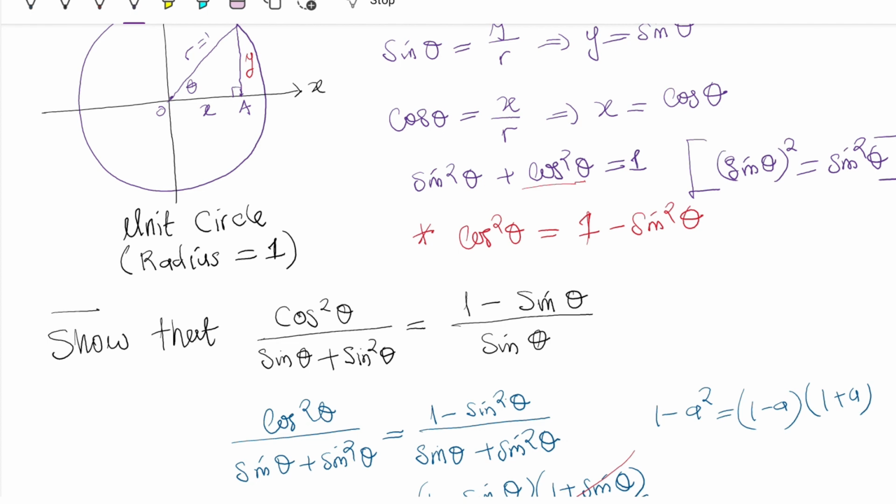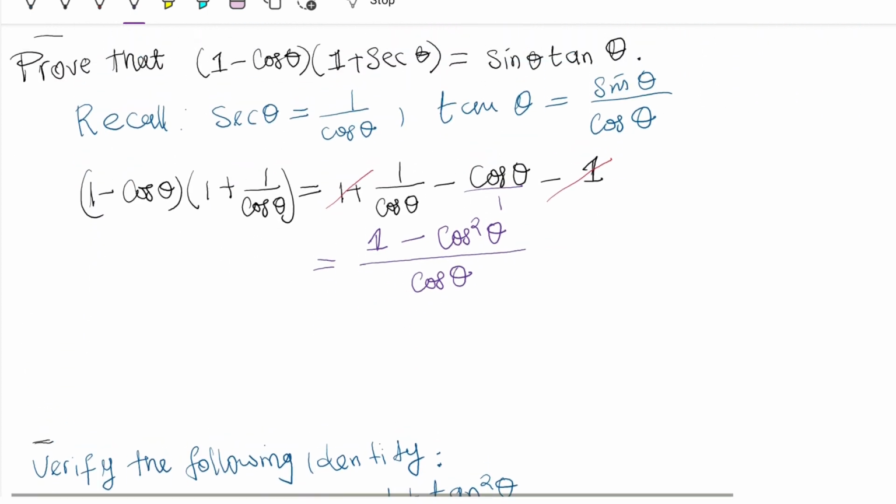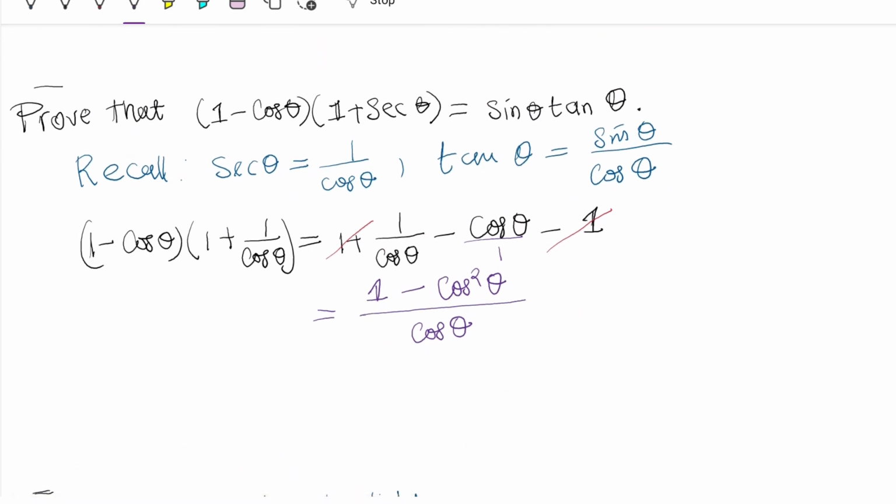It will be 1 minus cos squared theta. So instead of writing 1 minus cos squared theta, I just write sine squared theta. Okay, so this is sine squared theta over cos theta.